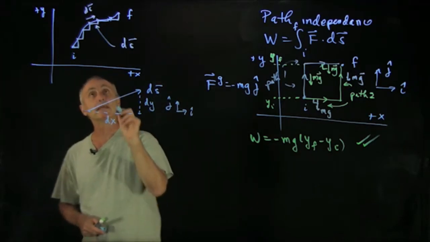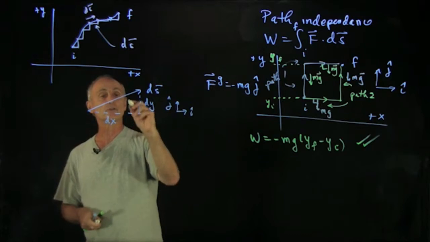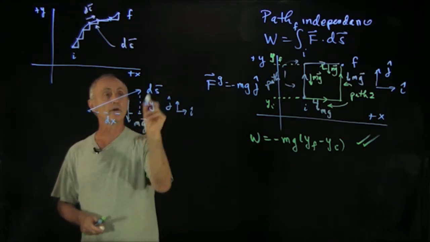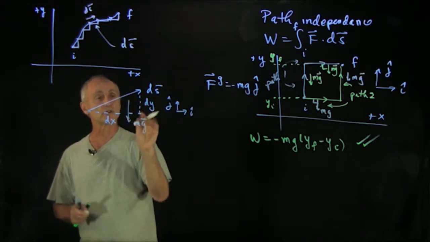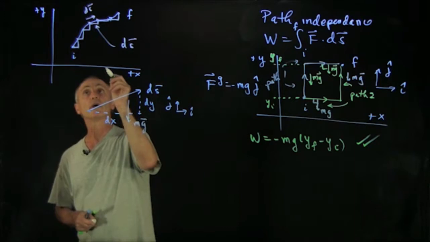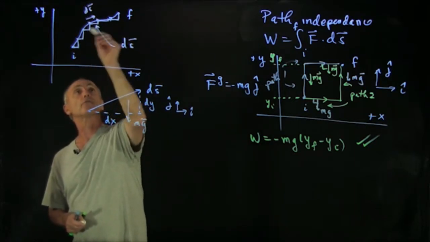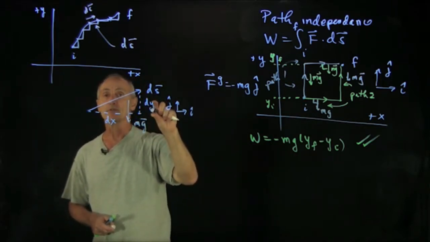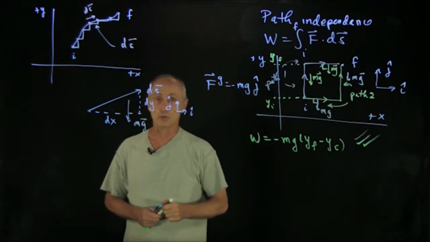And so we see again that when we compute this work and our gravitational force is downward, then for the horizontal part of this displacement the dot product is 0, and only the vertical part counts. So when we add up the work along these horizontal and vertical pieces, we're just adding up the dy's until we get y final minus y initial.